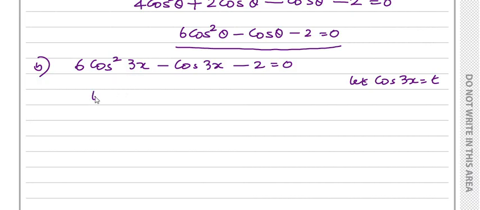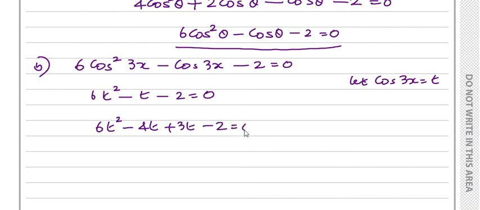Then this will become 6t square minus 1t minus 2 is equal to 0. Right? That means I can write this as 6t square minus 4t plus 3t minus 2 is equal to 0. Because when I add minus 4 and plus 3, I get minus 1. When I multiply minus 4 and 3, I get minus 12, which is 6 times minus 2.